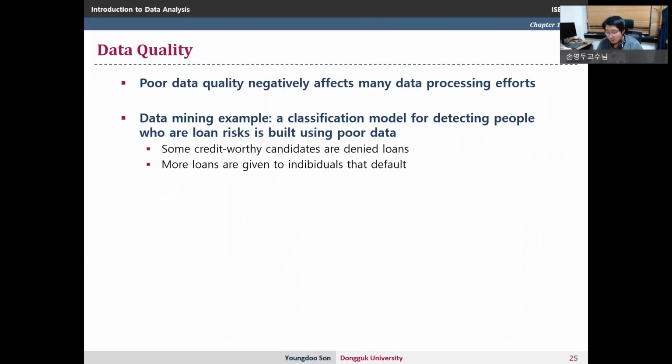So if data qualities are bad, then the performances of the data analysis models are also poor, even though we use many data processing. So poor data quality negatively affects many data processing efforts. So the data quality is the first step of a good analysis on data.